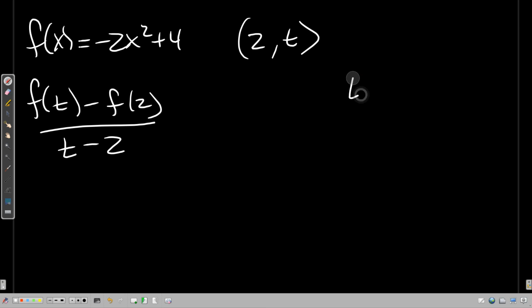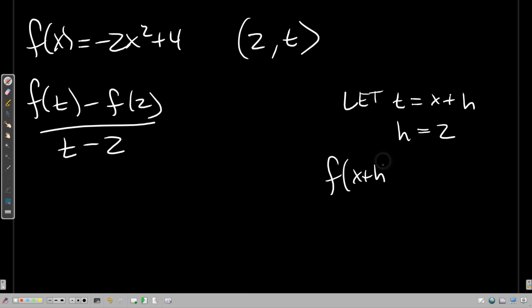What would that replacement be? If I change my variable from t to, let's say, back to x, I would say let t equal x plus h. Let h equal 2. What would it look like?